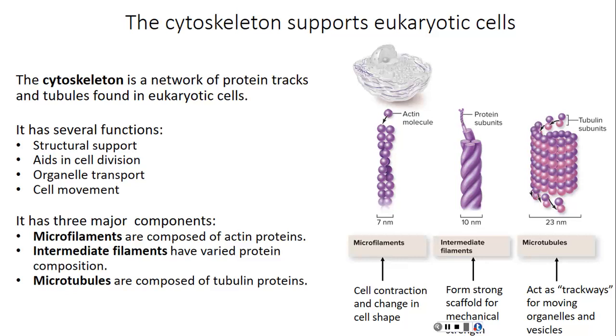The cytoskeleton does have three different components that are listed. Sorry, I'm trying to move this so that y'all can see it, but I don't think that's an option. There are three components of the cytoskeleton. One is microfilaments. We often just call them actin or actin filaments because that's what they're made up of.